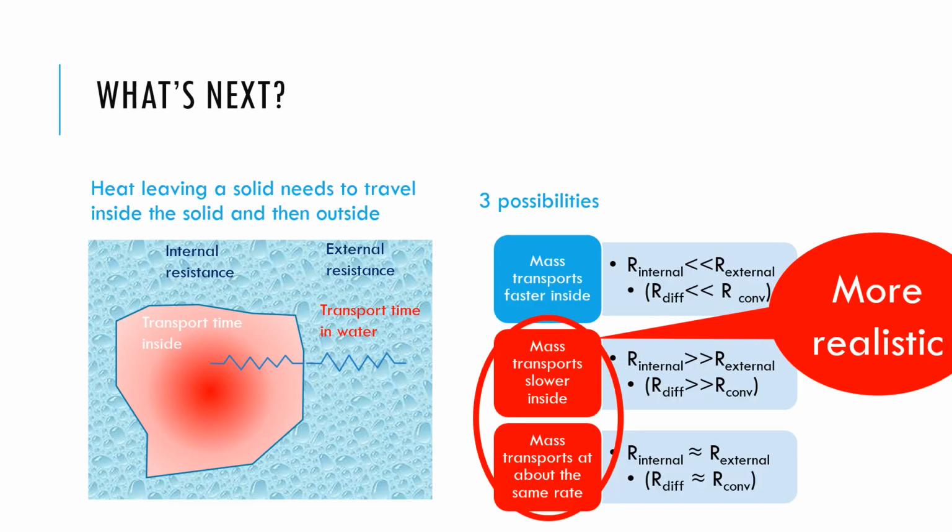To follow up, what lumped parameter was about is when internal resistance was lower than external resistance. And so it's this case that we did.